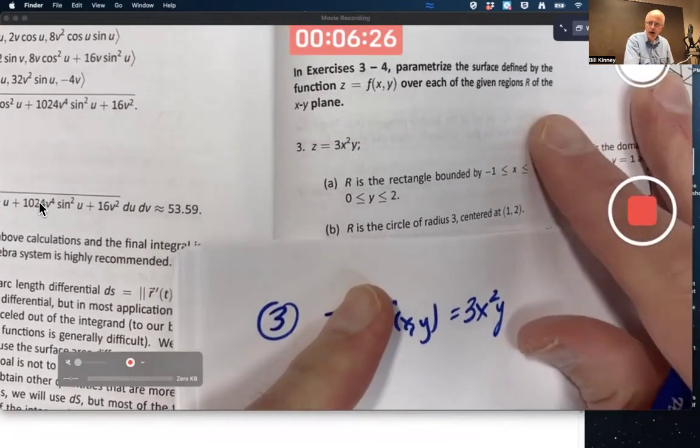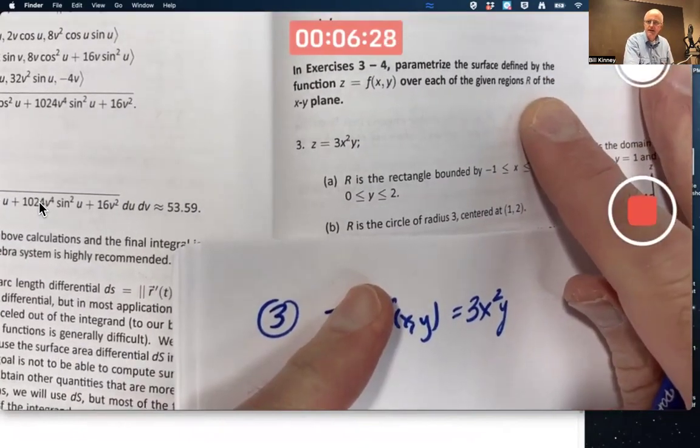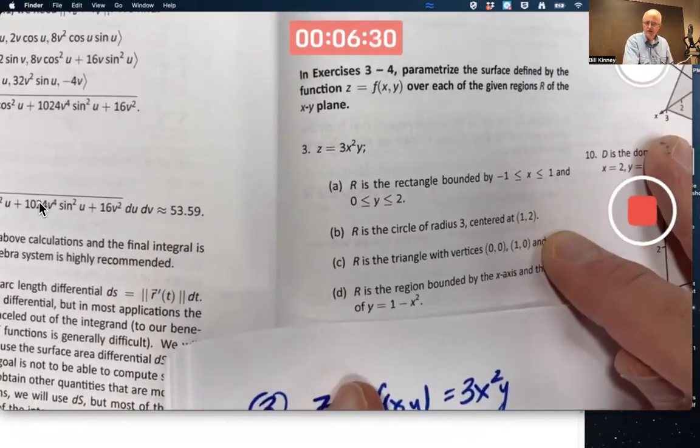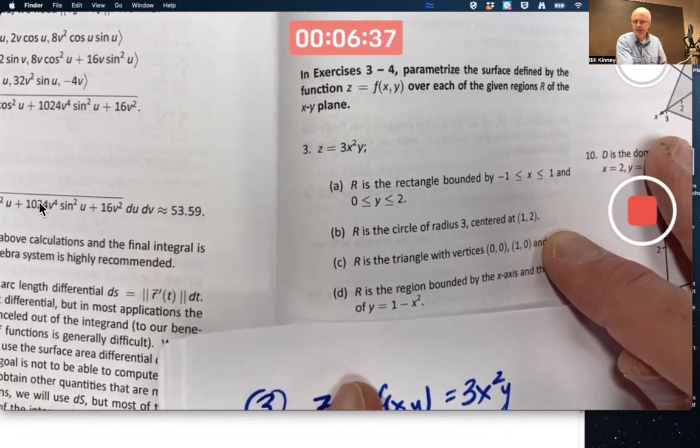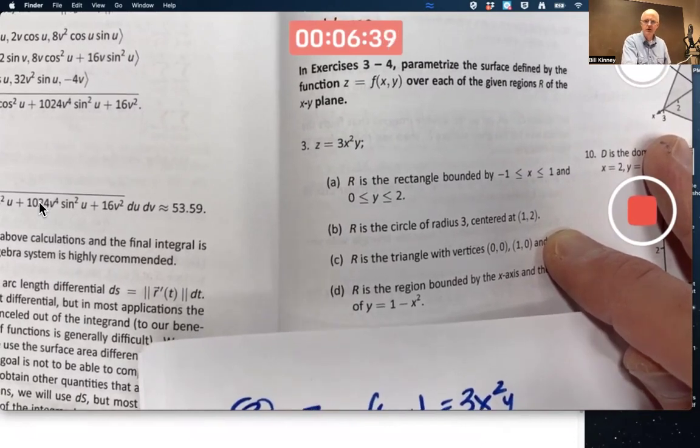Okay, the directions say parameterize the surface over different regions. Part A, over a rectangle bounded by X going between -1 and 1 and Y going between 0 and 2.